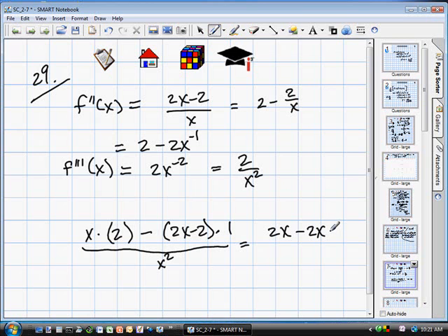All of a sudden my mind went completely blank, because then minus 2x plus 2. And you can see we got the same result. 2 over x squared. So there we did a combination. We did it both ways.